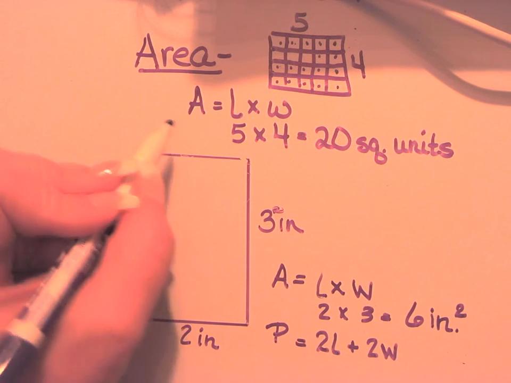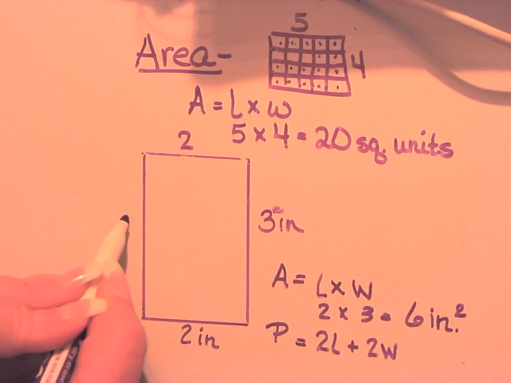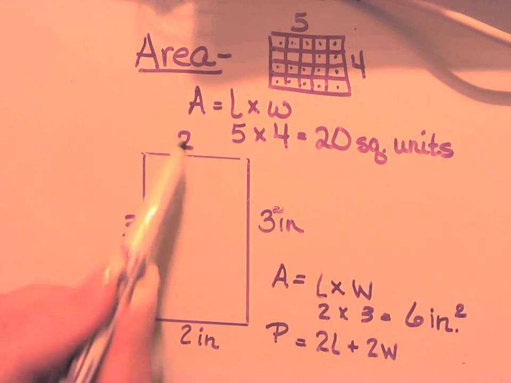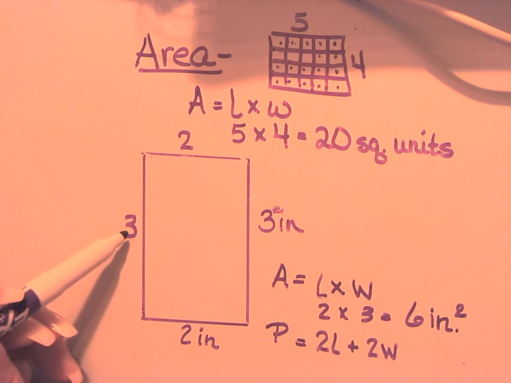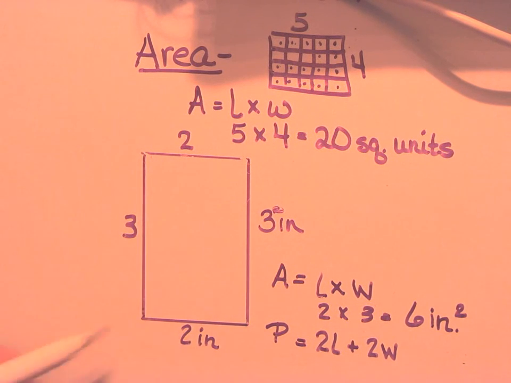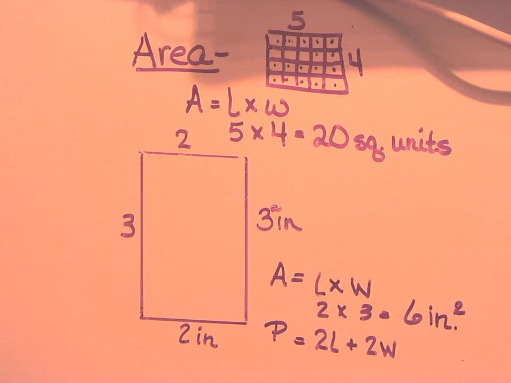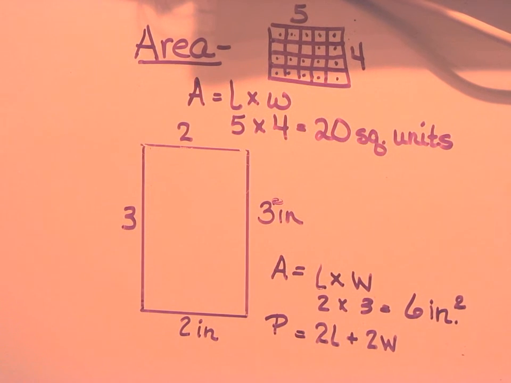Okay, we can also say, like we usually do, it's 2 plus 3 plus 2 plus 3. And we're going to get that answer. Okay, but let's try the formula, because as we get older, as we get into math, we want to start having those formulas that we can use. So let's use these formulas.